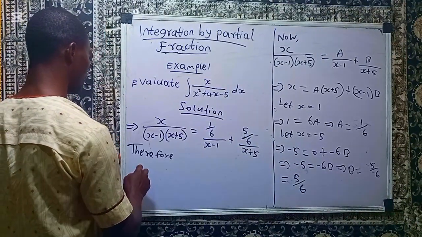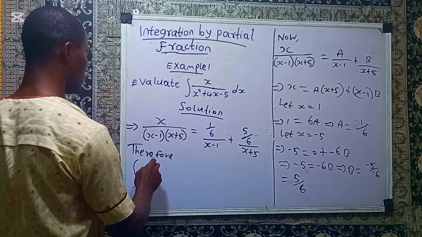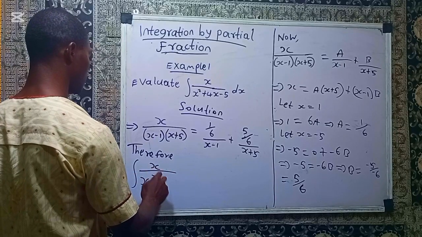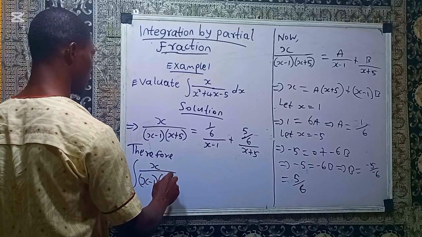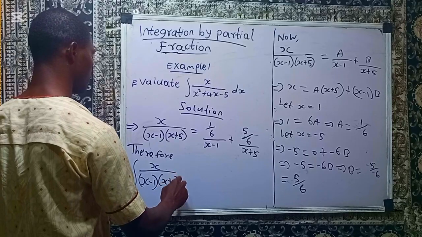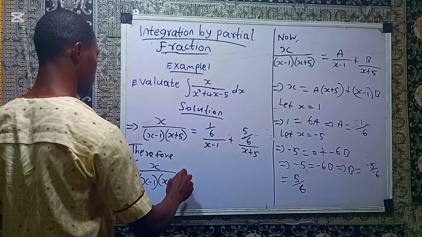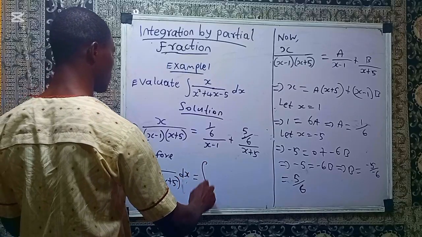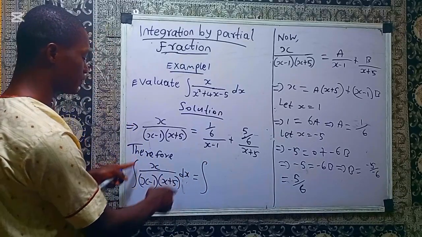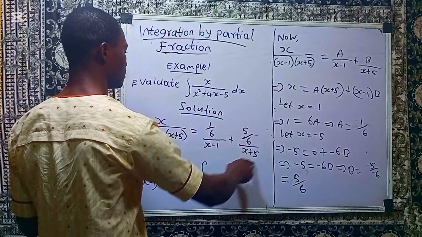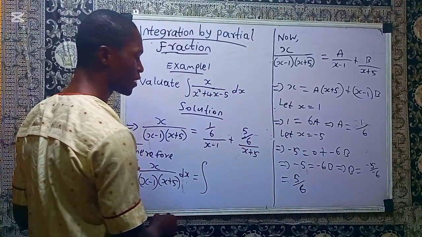So therefore, integral of x divided by x minus 1, x plus 5 with respect to x is equal to integral. So the integration of this quantity is the same as integration of these two fractions.